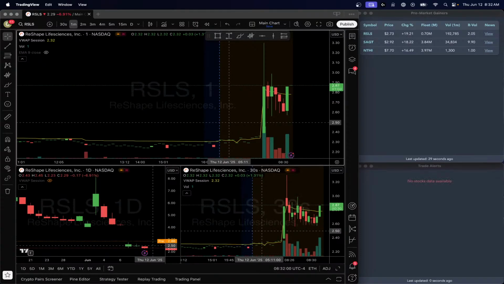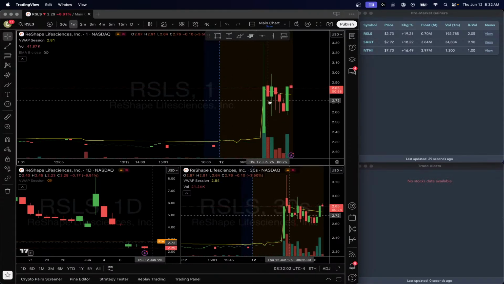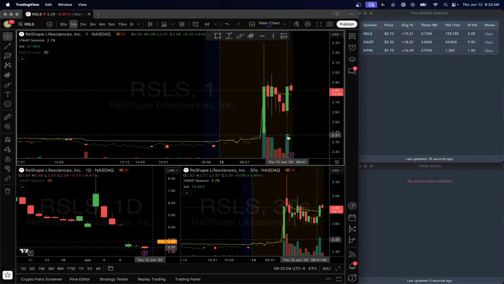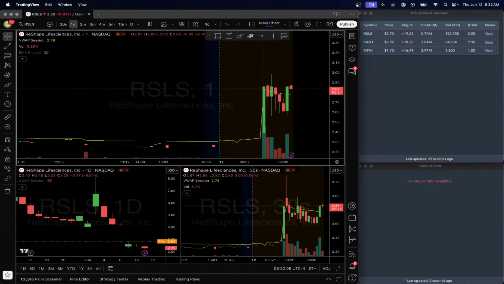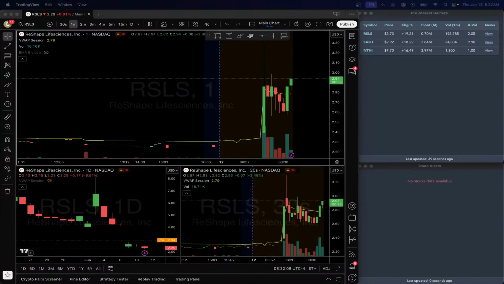RSLS looks like it wants to retake the VWAP. There's volume in there. The spread is a few cents.